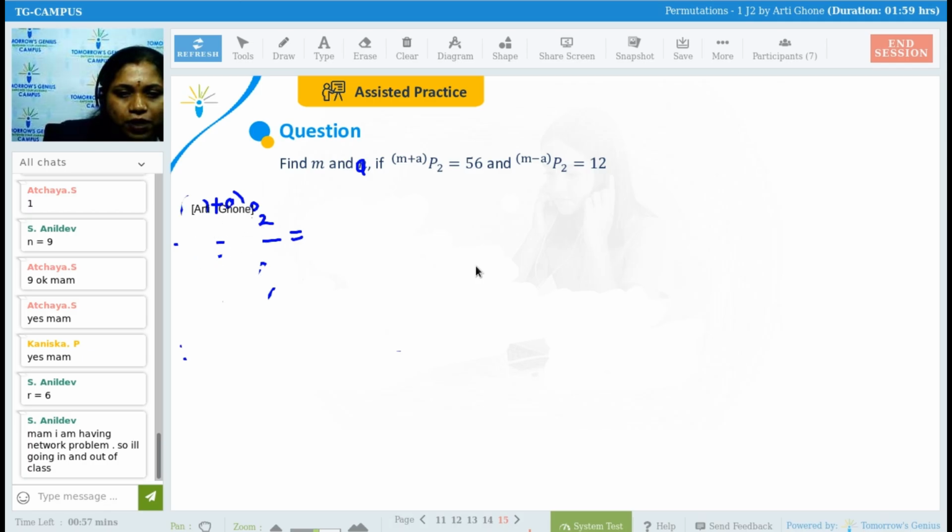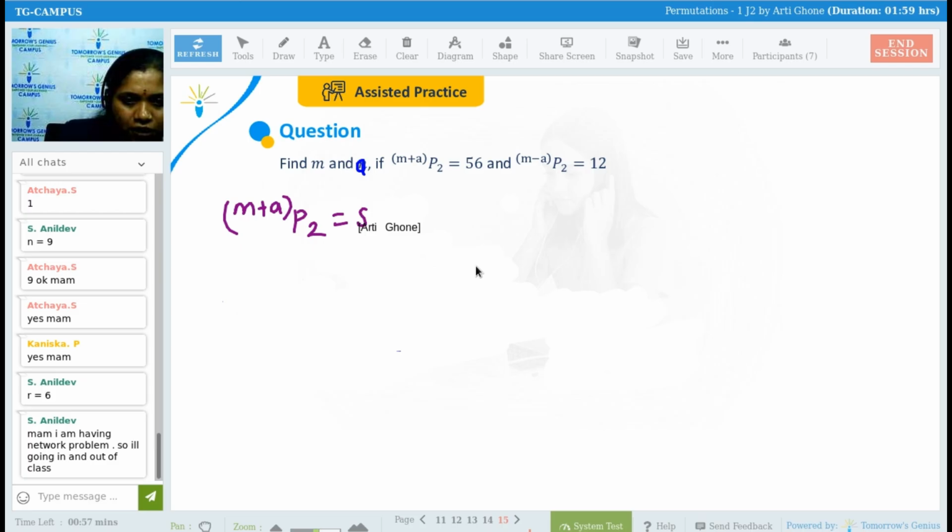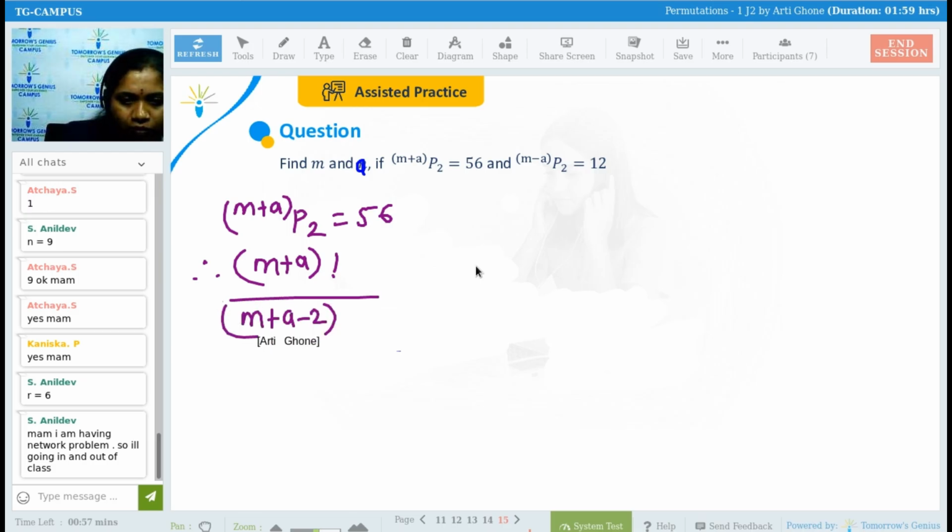First let's find the possible m and a values. Now 56 is the direct answer given, and two constants are asked. What will be the permutation of the first equation? (m plus a) P 2. Therefore (m plus a) factorial upon (m plus a minus 2) factorial equals 56. Clear?